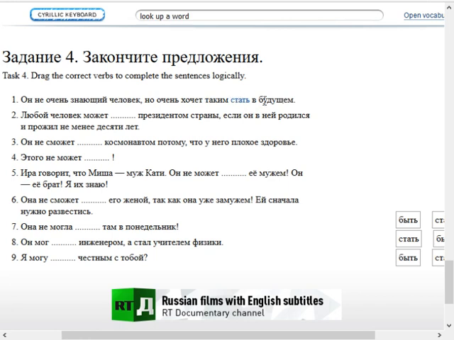He wants to become it in the future. Любой человек может стать президентом страны, если он в ней родился и прожил не менее 10 лет. Any person may become president of the country if he was born in it and lived there for 10 years. So anybody can become the president of the country if they were born in it and lived there for 10 years.